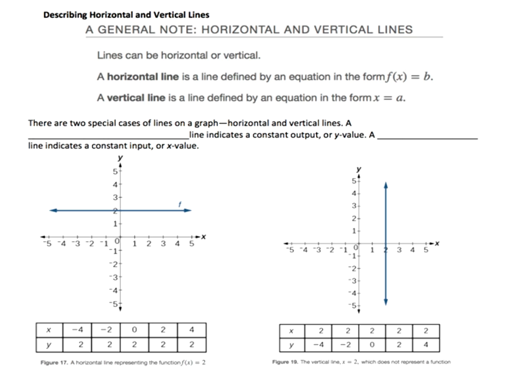Okay, horizontal and vertical lines. I promise we're nearing the end of this lesson. I've got about 4 slides left. There are 2 special cases of lines on a graph, a horizontal line and a vertical line. A horizontal line indicates a constant output.